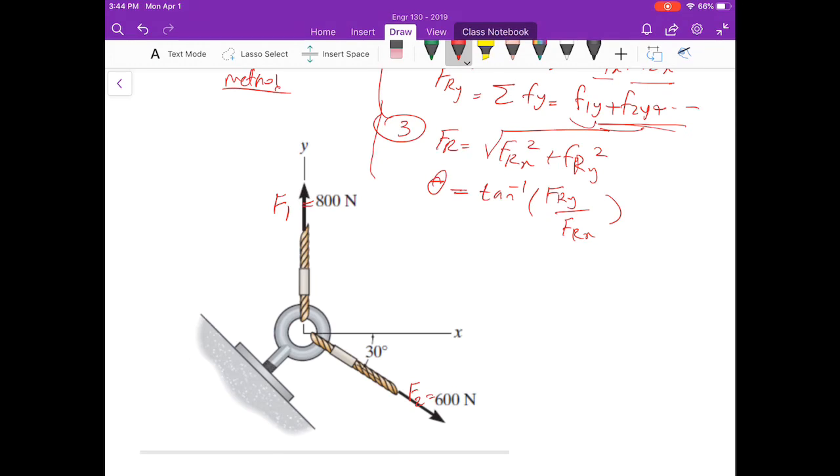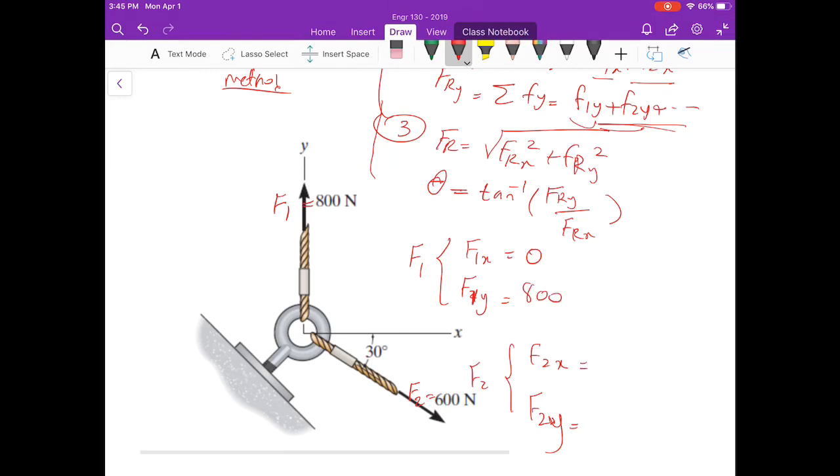Step 1 is to break forces into X and Y. For force F1, I need to find F1x and F1y, and same thing for F2: I need to find F2x and F2y. F1 is in the direction of y, so F1x is 0 and F1y is 800. That was easy.